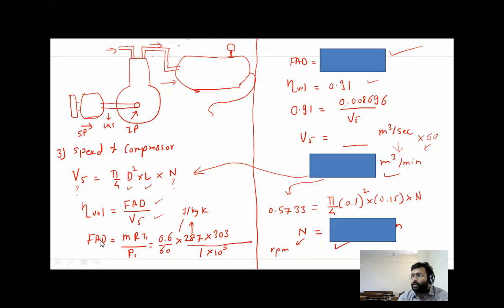FAD, fresh air delivery, is nothing but m R T1 divided by P1, right? By the ideal gas law, P V is equal to m R T. M is given, R we know, T1 we know, divided by pressure, that is 1 into 10 to the power 5 Pascal. So from this, calculate fresh air delivery.